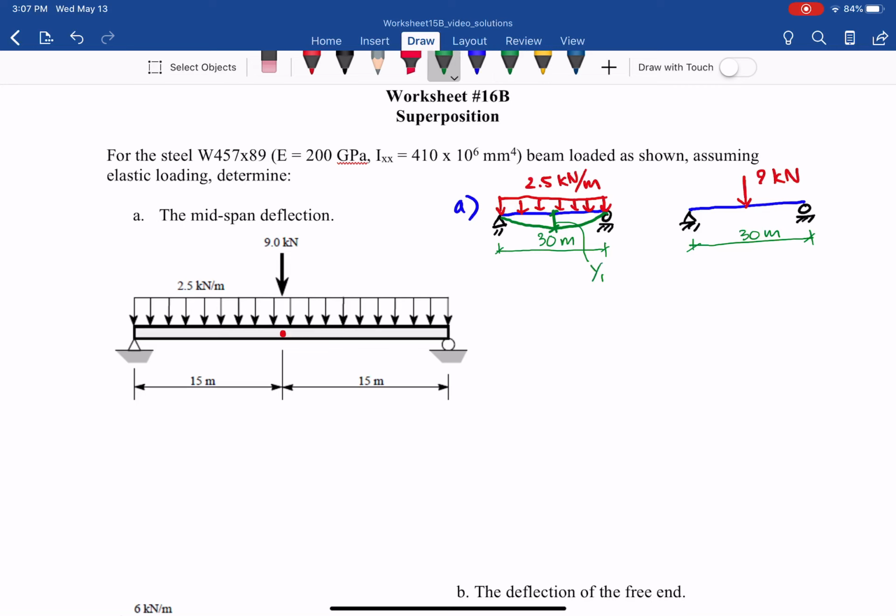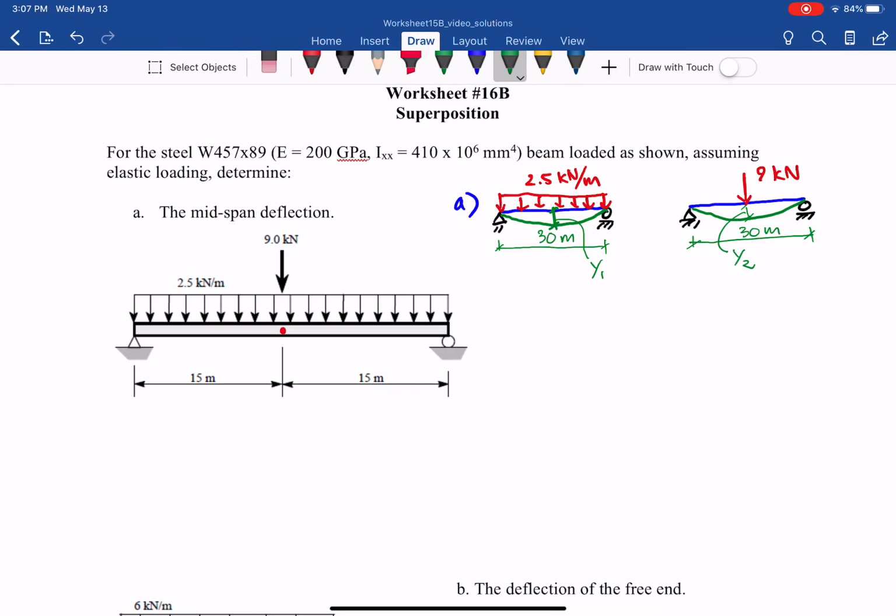Similarly for the next beam, we also call the deflection at the midspan, which is the point of interest, y2. You consider each of them, and we add them together, and we have the total deflection for both the concentrated load and distributed load.